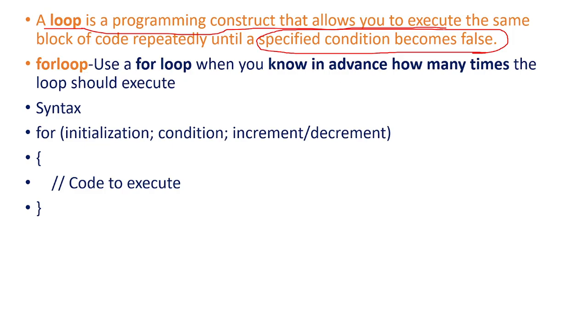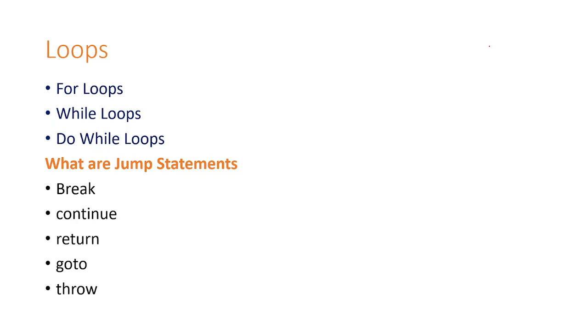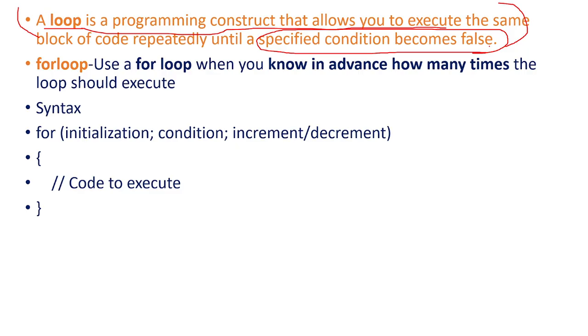It will keep executing the program until it becomes false. That is what a loop is. There are many types of loops, like I said before: for loop, while loop, do-while loop. There are three types.